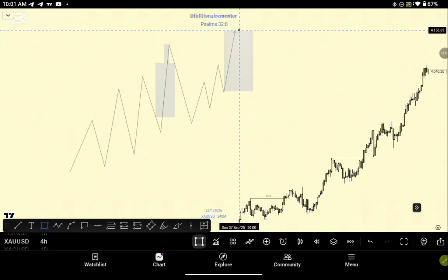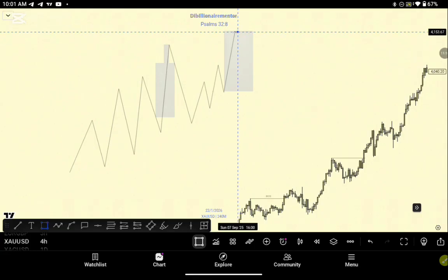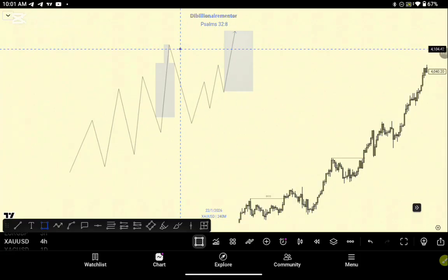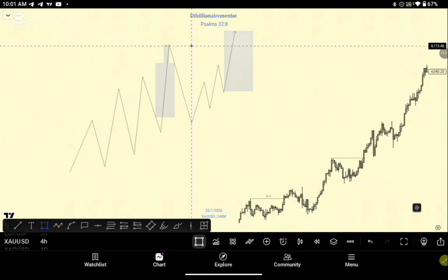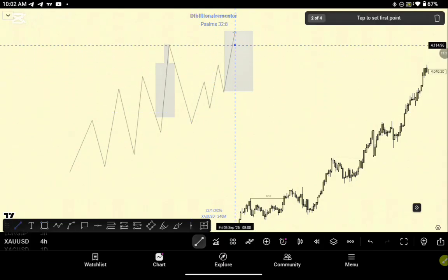In the advanced market structure, I would explain the difference between wick to wick and wick to body, and when to use wick to wick as confirmation of break of structure, when to use wick to body, and the likes. But for now, based on basic market structure, we want to see the body of the candle close above the wick.